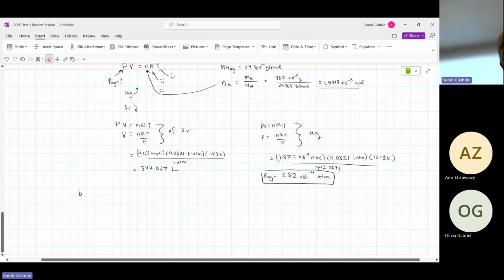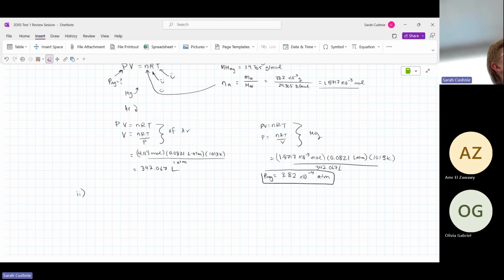Anyways, question B asked us, I guess two. It wants us to find the activity of Mg in the molten alloy. So this is where we go back to what we were talking about before when I was like, wait, we can't calculate the pressure this way because we don't have activity. And this is where we say that P_Mg is equal to A_Mg times P standard, or P saturated Mg.